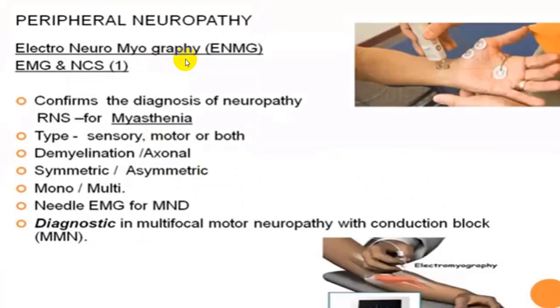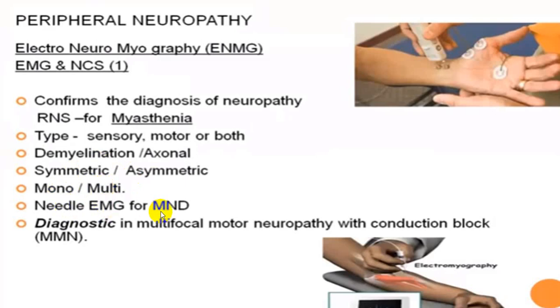So EMG combined with nerve conduction study is called electroneuromyography, and it is very important to diagnose a neuropathy, even myasthenia, whether it is sensory, motor or both, whether it is axonal or demyelinating, symmetrical or asymmetrical, mono or multifocal.